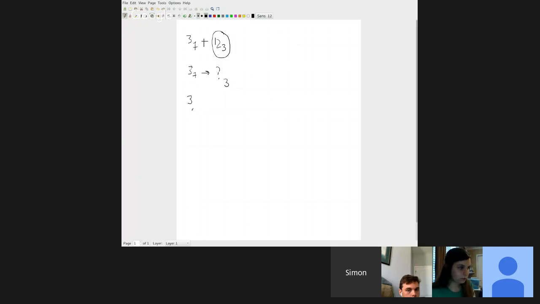So let me first convert 3 base 7 to something base 10. And we already know this, that it's going to be 7 raised to the power of 0 times 3, which is what? Which is 3 in decimal. So 3 base 7 is 3 base 10.